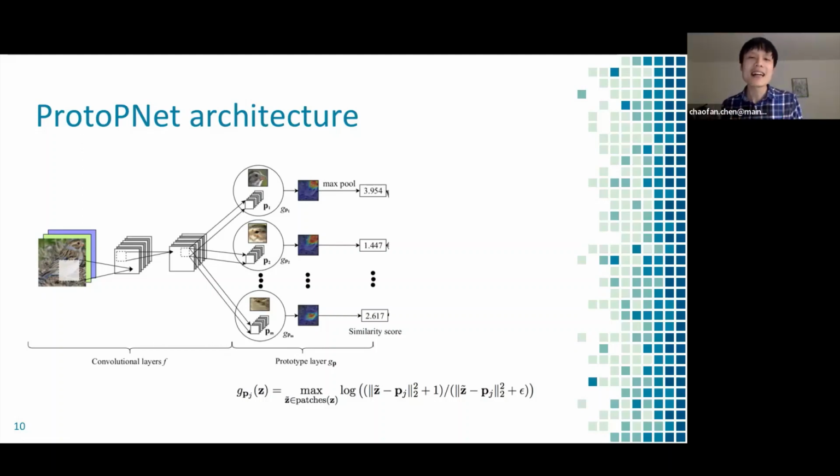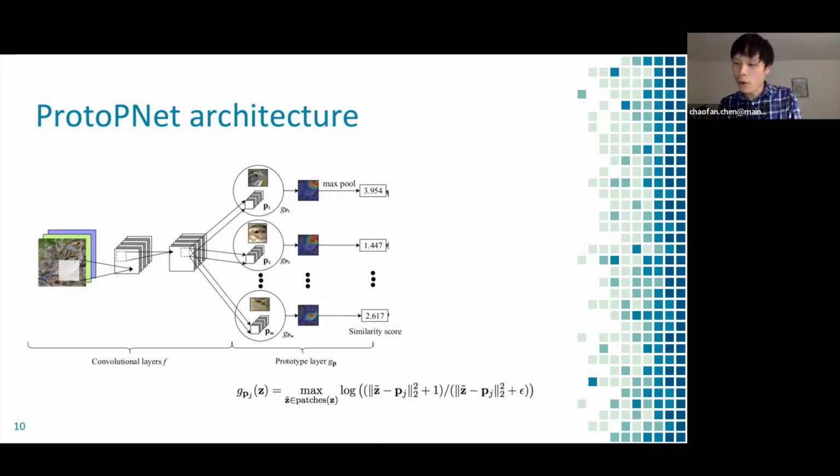The idea is that if a patch is closer to a prototype in the latent space in the L2 distance, we consider them to be similar, and we invert that distance to be a similarity score. This will generate a prototype activation map, which tells us both the location of the most similar patch, as well as the degree of such similarity, as indicated by the similarity score.